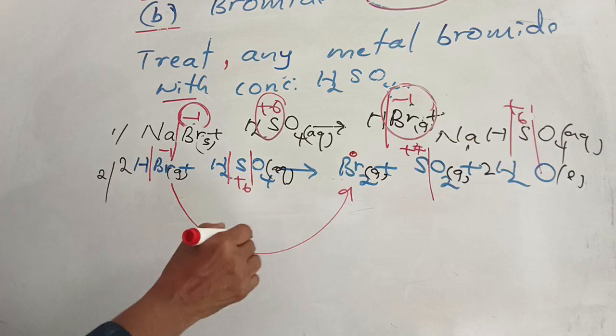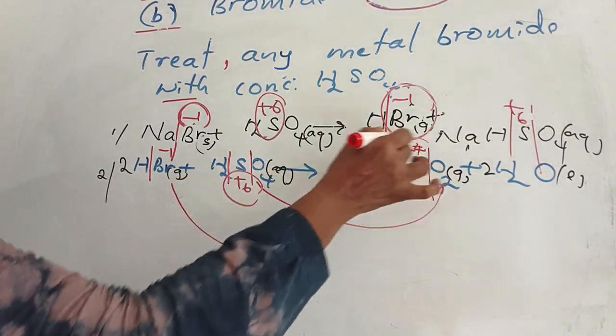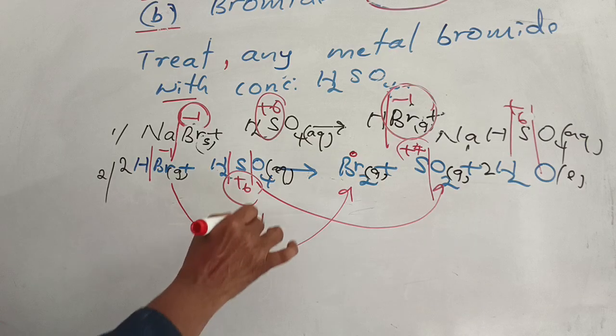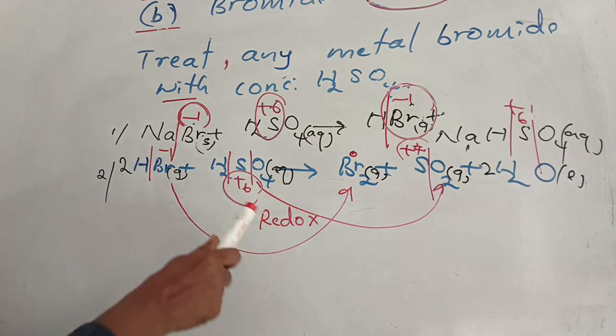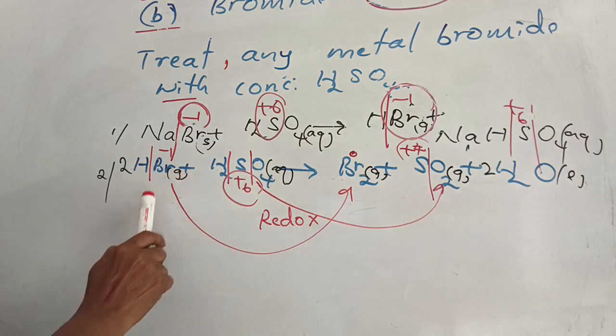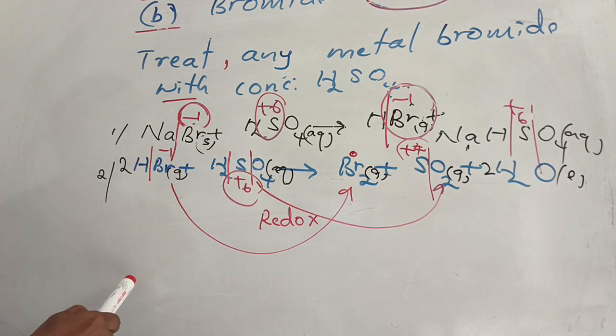Sulfur in plus 6 in sulfuric acid is reduced to plus 4. So we label this a redox reaction, because the change in oxidation state of both Br minus and sulfur occurs in the same reaction.